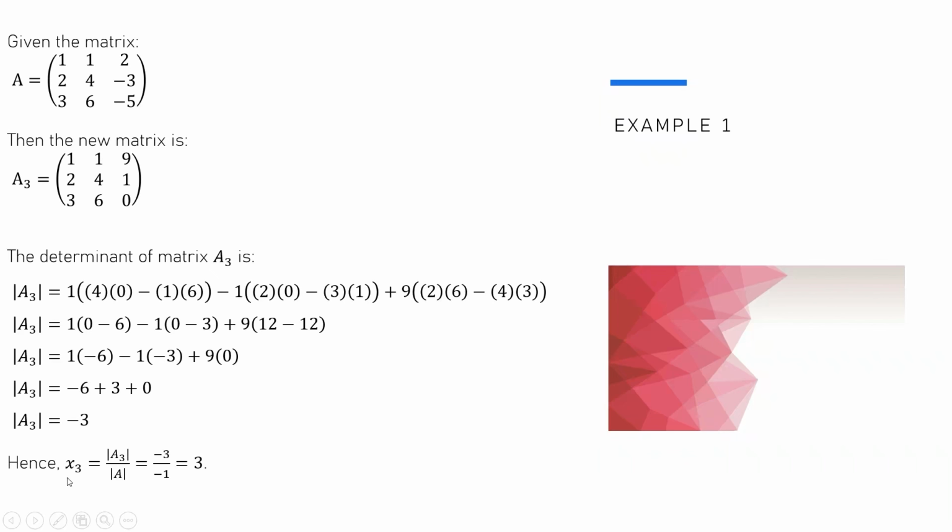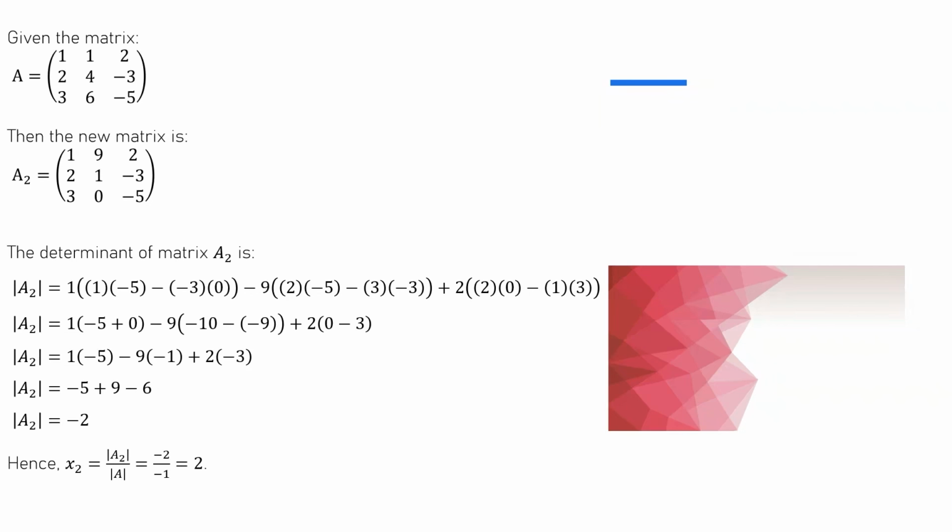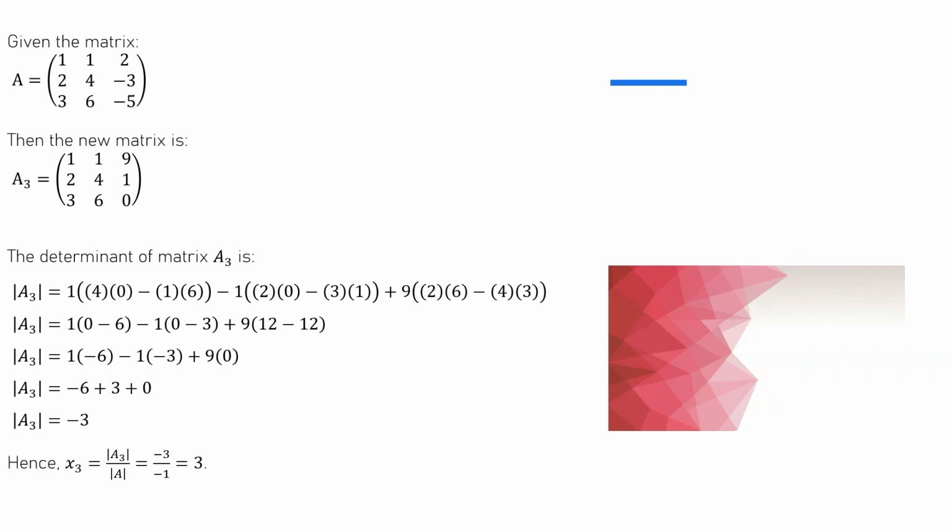So the answer for our variable x3 is the determinant of A3 divided by the determinant of A, which is negative 3 divided by 1. And there we go. We have all three values: x1 as 1, x2 as 2, and x3 as 3. So that's Cramer's rule, and I hope my explanation is clear enough for you to understand.